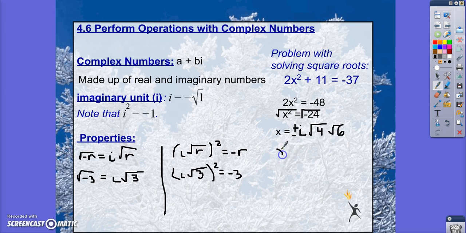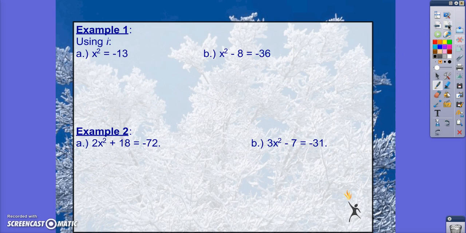So my final answer is x equals plus minus 2i root of 6. And conventionally in math, when we get the whole number, it goes in front of the i. So x equals plus minus 2i root of 6. So we're doing the same exact thing that we did last time, except now we have a negative for the root.